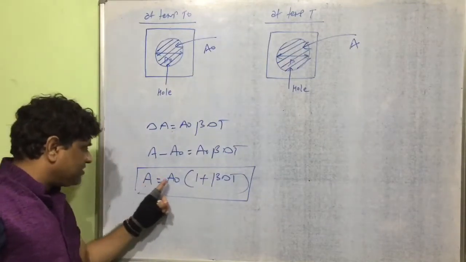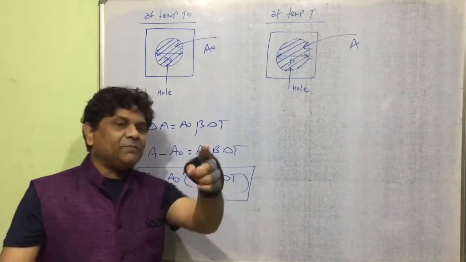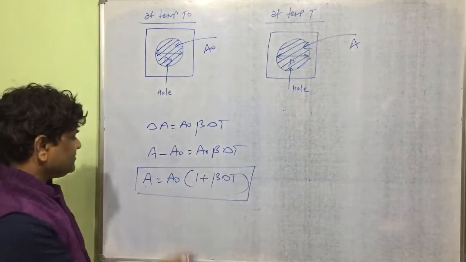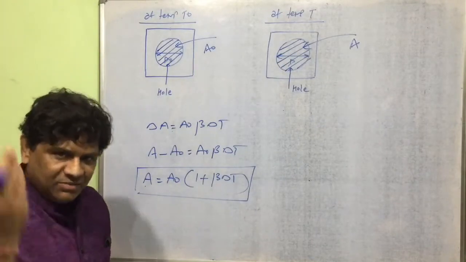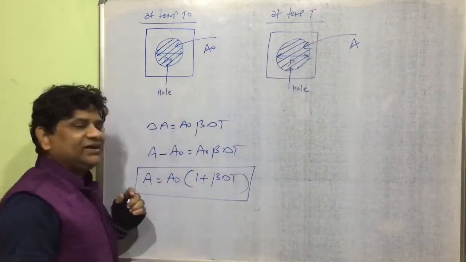Now this A may be greater than A naught or less than A naught, depending upon the change in temperature. What is the initial area in terms of the diameter, and the final area in terms of the final diameter?